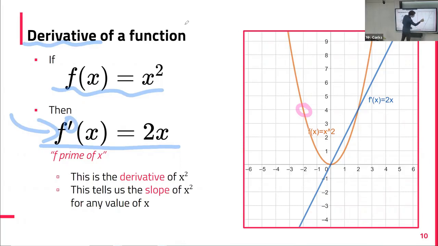So we just take this point and draw a vertical line down until we hit our derivative function. That point right there, the y value is -4. That's the slope. Or we could just take that value of -2 and substitute it in here for this x. 2 times -2, -4. So we can use this derivative function or look at our graph.